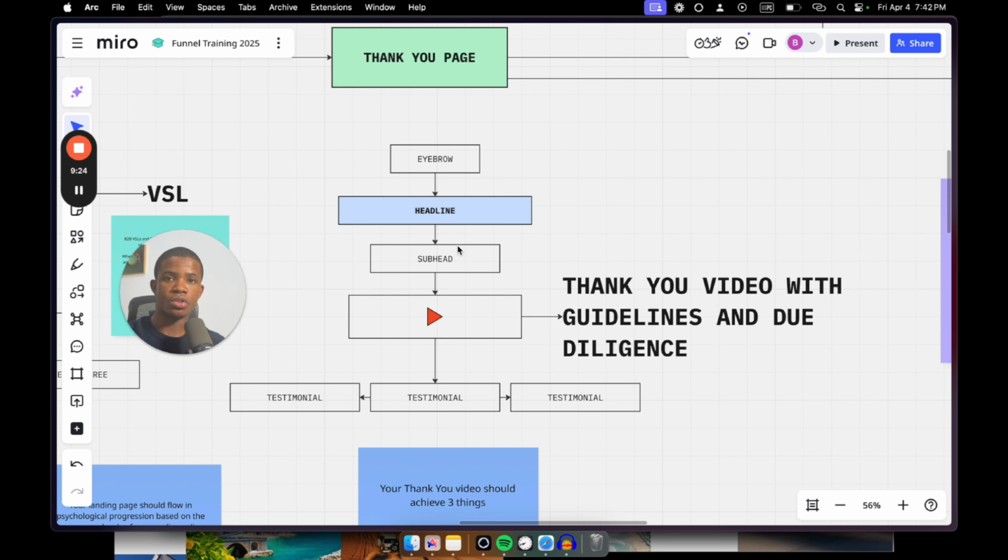But you also need to use this as an opportunity to pre-frame them, put them in the right frame of mind, and give them testimonials. Also, you can now do your due diligence by giving them visual examples or direct examples of when a client came on with you, or when someone signed up in your program and did not get the results that they were looking for, and why it happened, and how you can avoid that situation and make sure they have the best outcome.